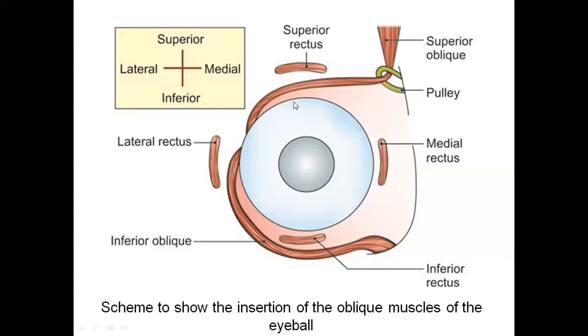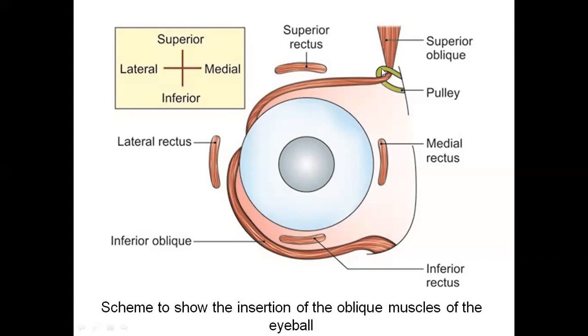This picture you can use as a diagram for your exams, where you are finding all the four recti muscles. This is the cornea. This is sclerocorneal junction, which is limbus. This is the eyeball, where you will see the insertion of four recti: superior, inferior, medial, and lateral rectus. This is the superior oblique muscle.